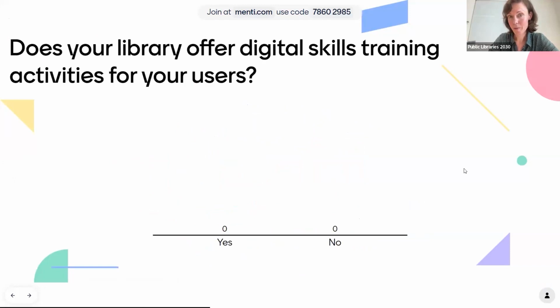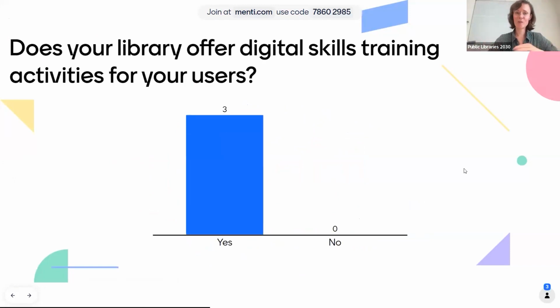Okay, so our question, the second one, is just to get a feeling how many of your libraries offer digital skills training activities for users. Okay, so we see that plenty of you do. I mean, we know, but it's good to see. There are also a couple who don't.